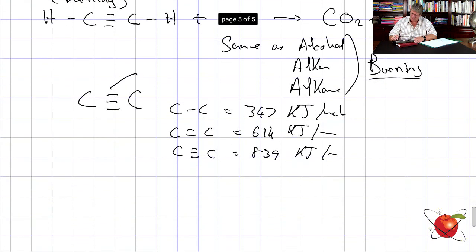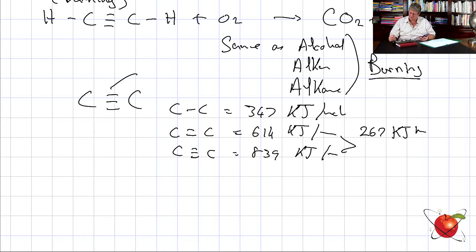Now, if you go and you basically just take them apart, 614 minus 347, okay, 614 minus 347 is equal to 267. So it's 267 kilojoules per mole is the second bond.